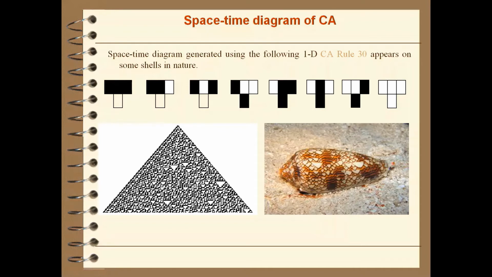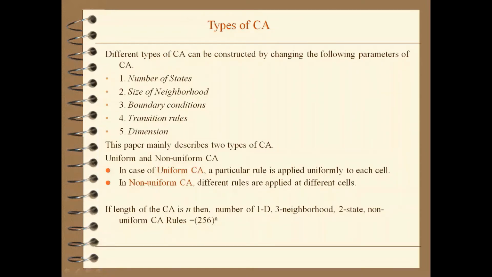Next, different types of CA can be constructed by changing different parameters of CA. What are the parameters? There are 5 parameters: number of states, size of neighborhood, boundary conditions, transition rule, and dimensions. In this paper, we have discussed only 2 types of CA: uniform CA and non-uniform CA. In uniform CA, a particular rule is applied to all cells, and in non-uniform CA, different rules are applied to different cells.